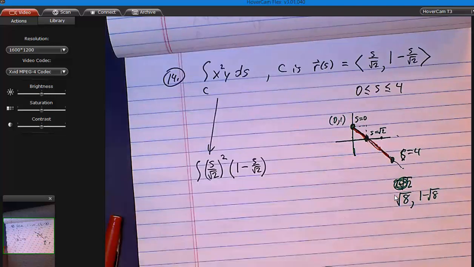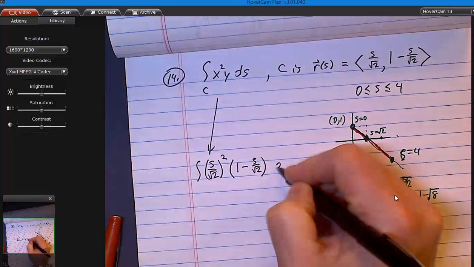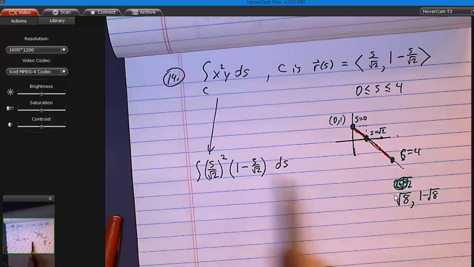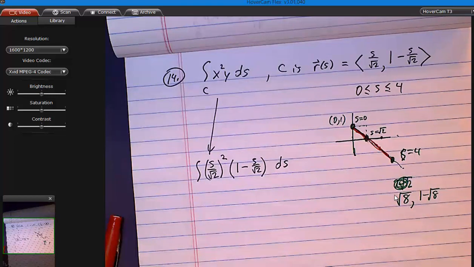That's not being squared. And then we have ds. Okay? So it's interesting because I wrote it as a line integral, but if I can plug in the parameterization, now this is good old calculus, regular old integral. Okay? So let's finish up.